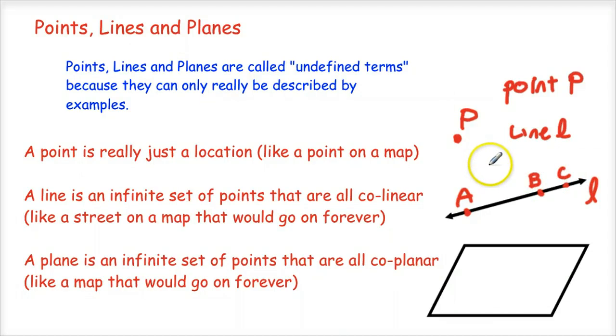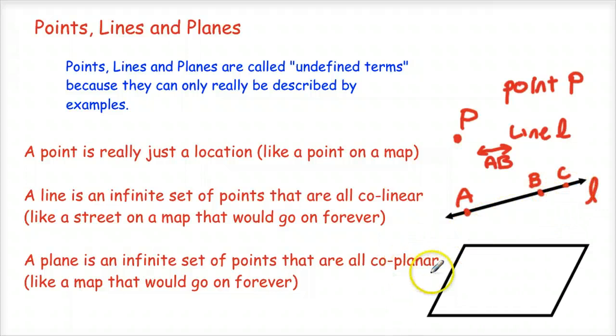Another way to write that is take two of the letters, and it doesn't matter which order. You could go BA, CA, whatever. You're going to take two of those capital letters, because they're describing points, and then you draw a little line above them, making sure that you use those two arrows, one on each end. So that's another way that you might see this line described or written in a sentence.